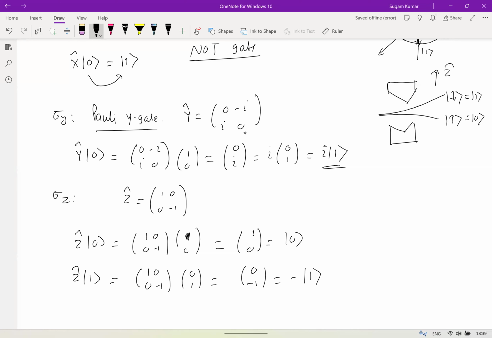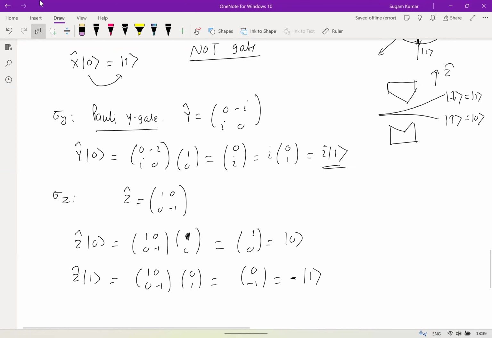So we will just try to understand these. There are many types of gates we can manufacture. But technically, our task here should be to understand how to realize them in the laboratory.